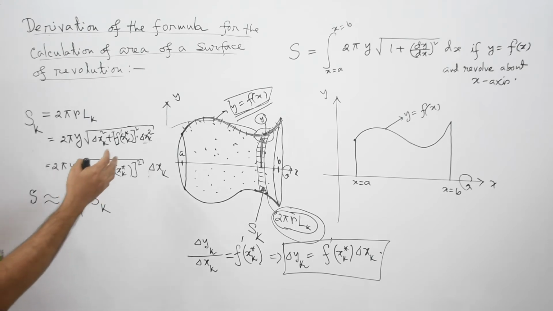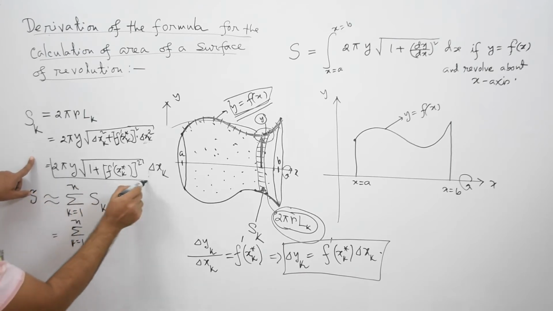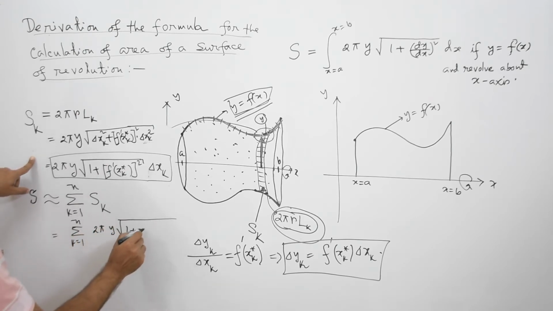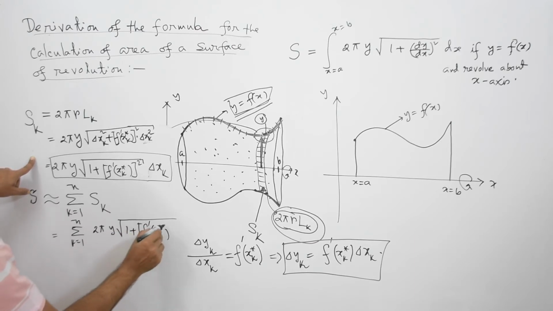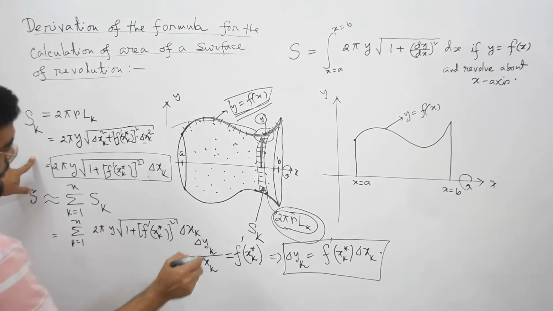And the more n you consider, the better approximation you will get in this case. So which is equal to summation of k equal 1 to n, and Sk is this. So let me write it here, 2 pi y root 1 plus f prime xk star whole square delta xk.